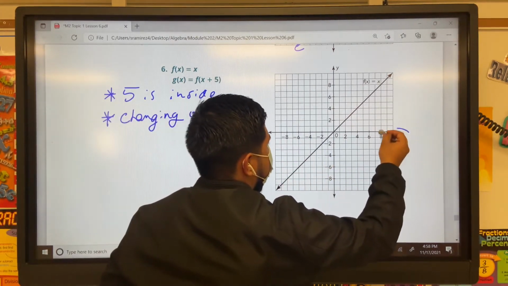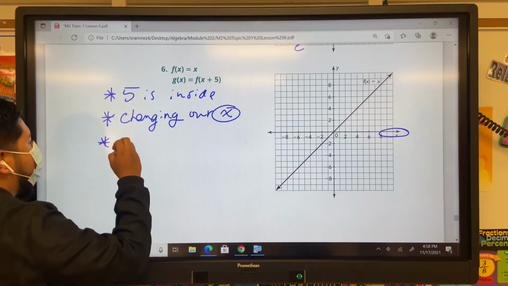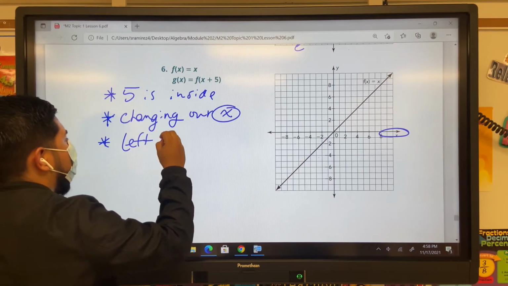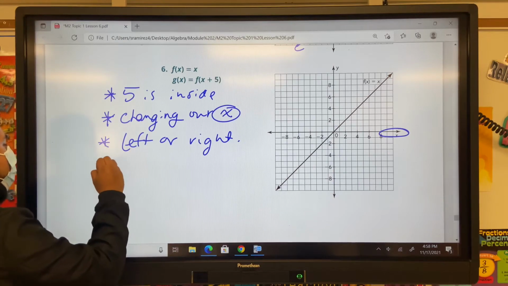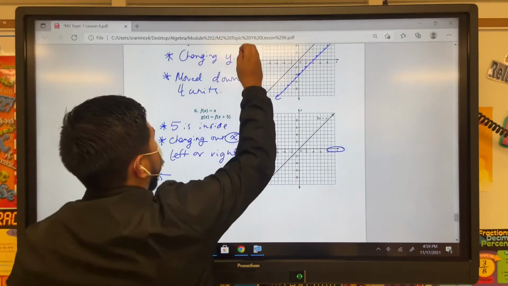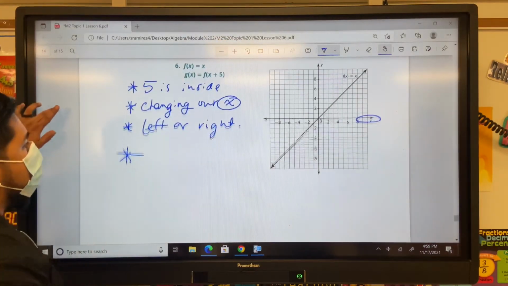So since we are changing our x, I can't tell you if we're going left or right, so I'm just gonna make sure we make a note. It's left or right. And then we'll make the movement right here. Making money moves, I'm loving it.